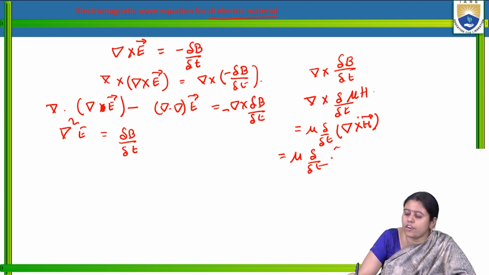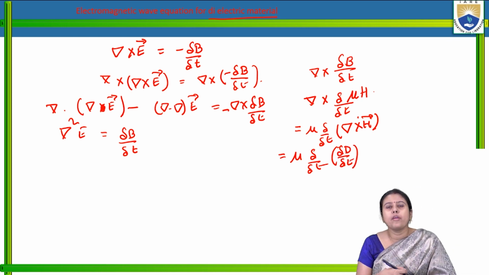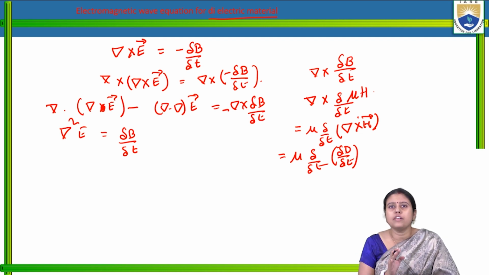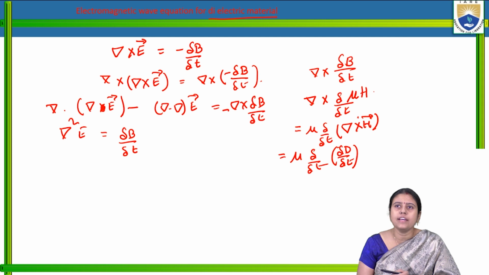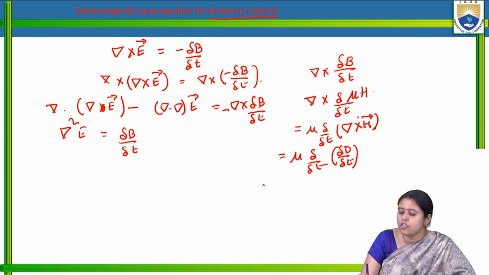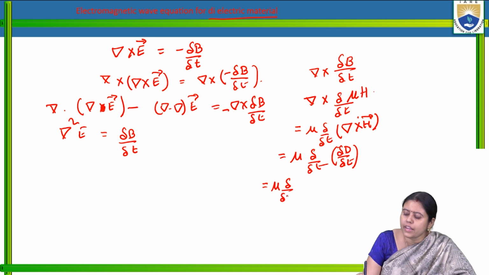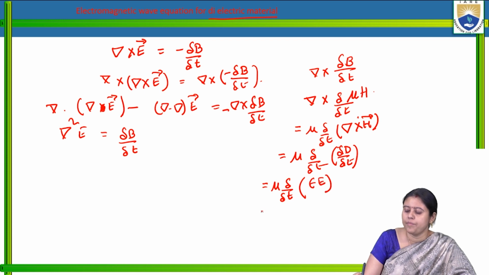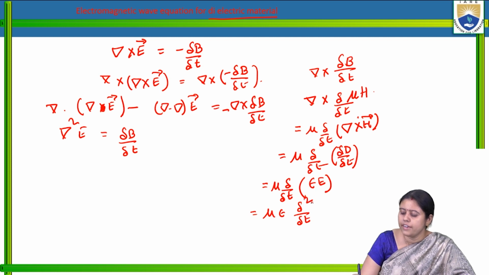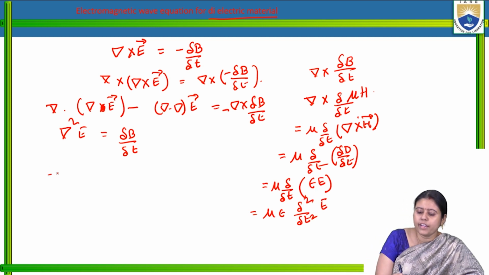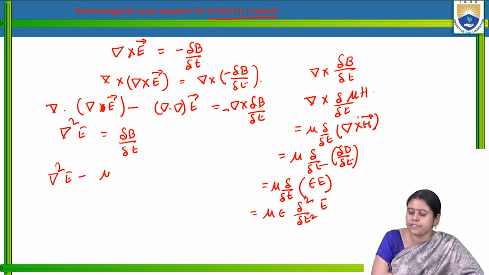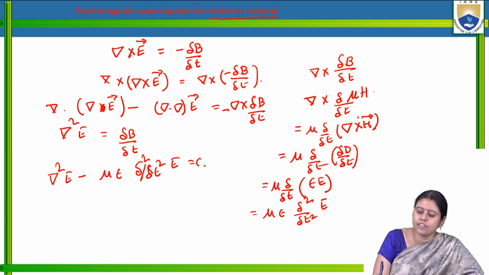So what is grad cross H? Del D by del T. But we should take it as mu, not mu naught, because a dielectric has some permeability as well as some permittivity. So we can write mu delta by delta T epsilon E, so mu epsilon del square by del T square of E. So we can write grad square E minus mu epsilon delta square by delta T square E is equal to 0.